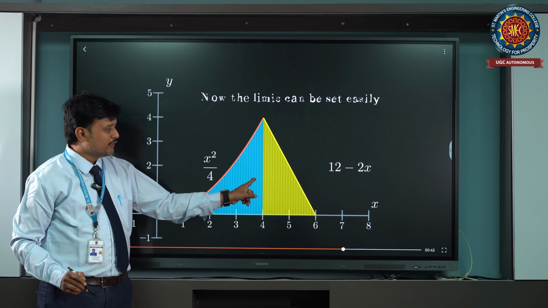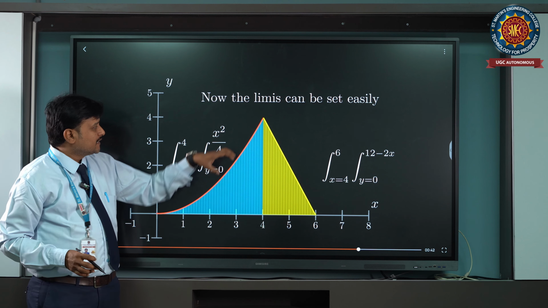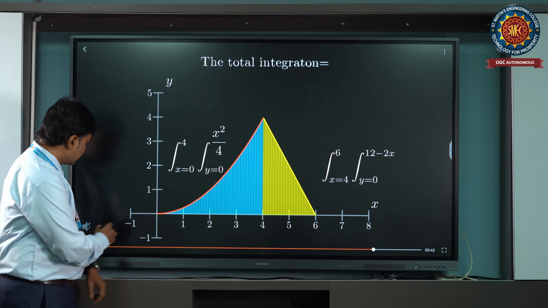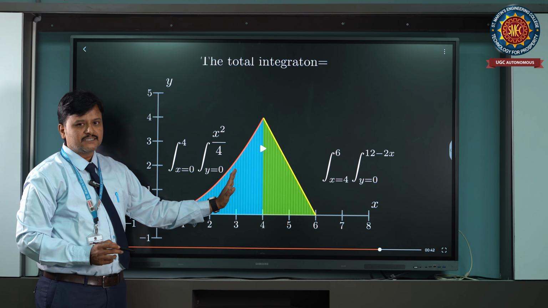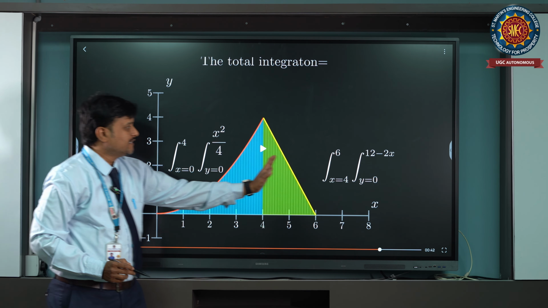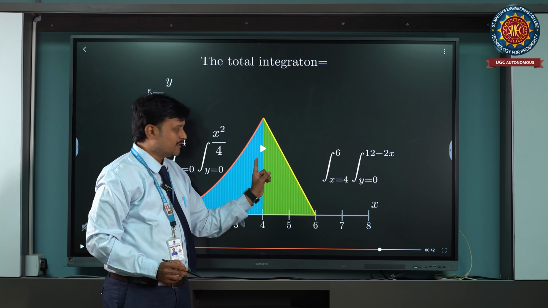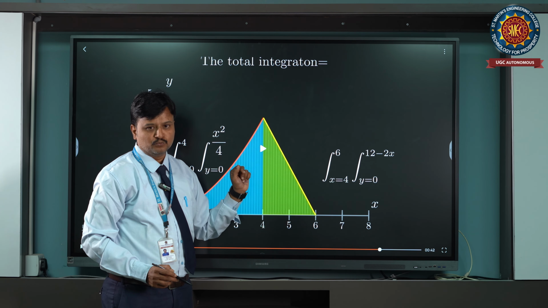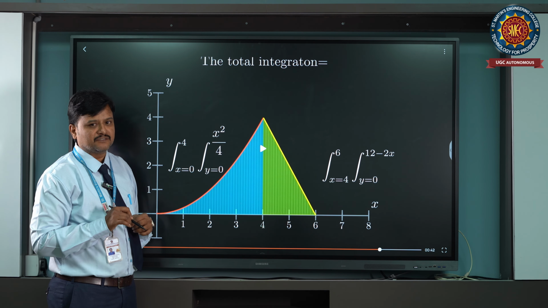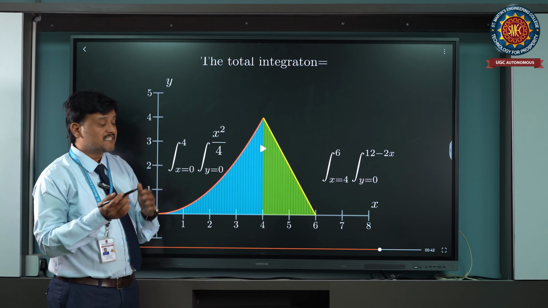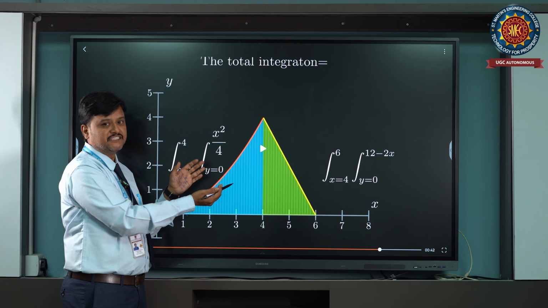Okay, these are two regions, and we are expressing the total region of integration as a sum of the regions. So these limits belong to this region R1 and these limits belong to this green shaded region R2.